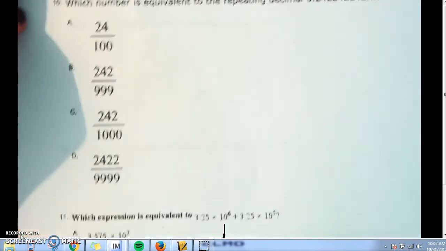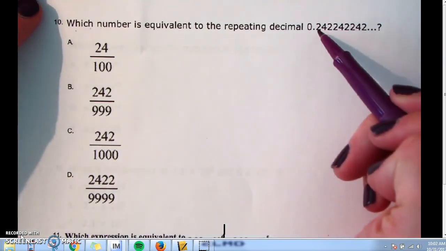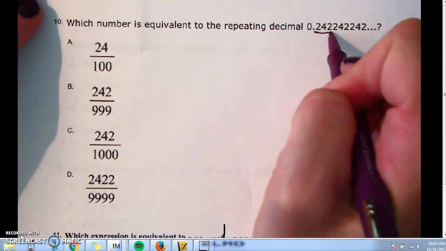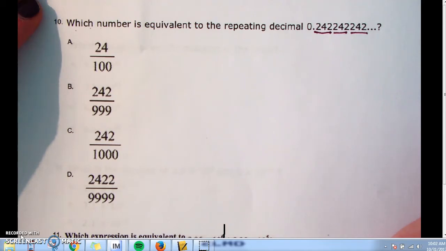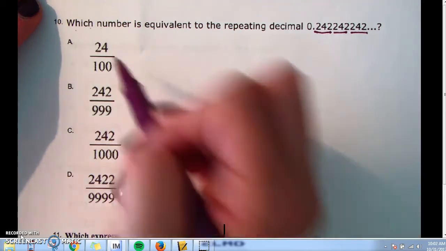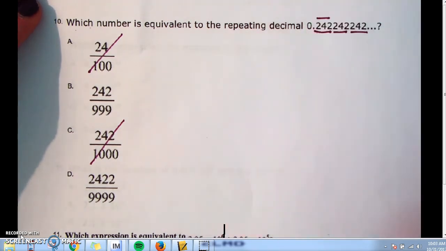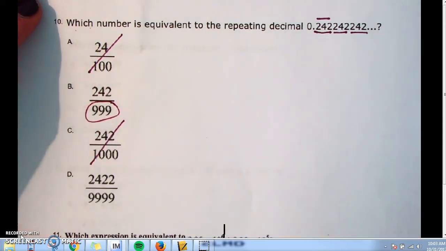Number 10, which number is equivalent to the repeating decimal 0.242242? So it looks like the 2, 4, and 2 are what's repeating. So I know that it's not going to be A or C, because I know for repeating decimals, the denominators have 9s. 3 numbers are repeating, so that means I need 3 9s in the denominator.